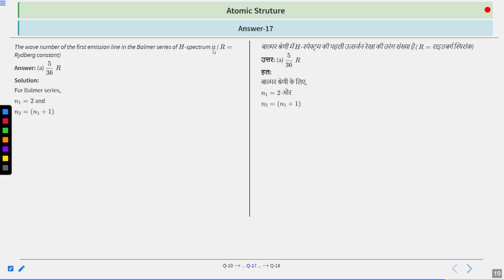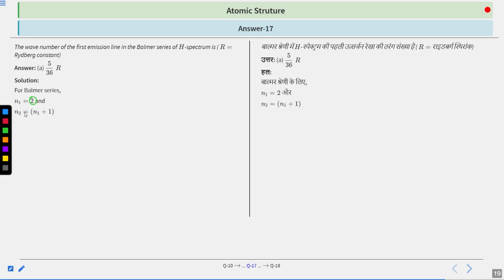The explanation: for the Balmer series we know that the final state where your electron will arrive will be n equals 2, meaning the second orbit. Now what is the first emission line? It is the emission line from just one level above. So n1 is equal to 2, and the first transition will be from n2 equals n1 plus 1.